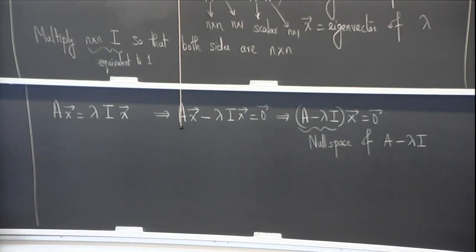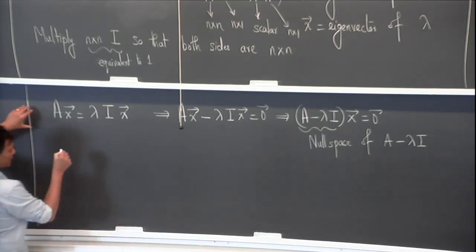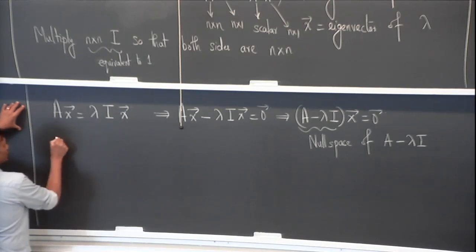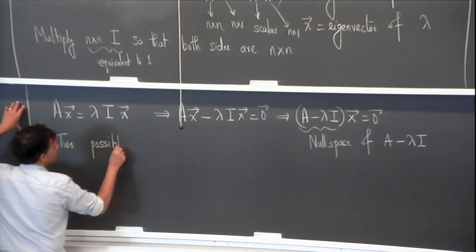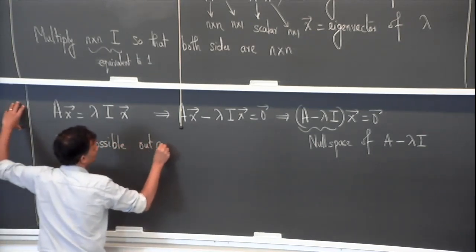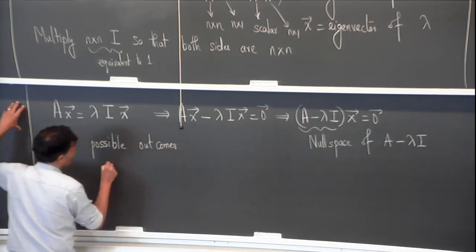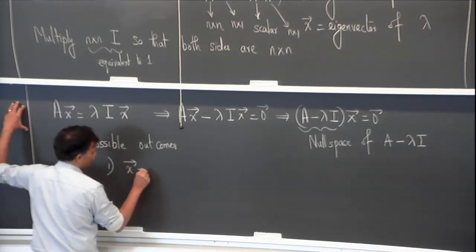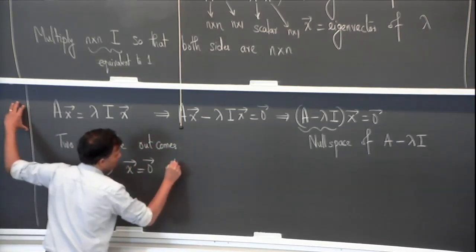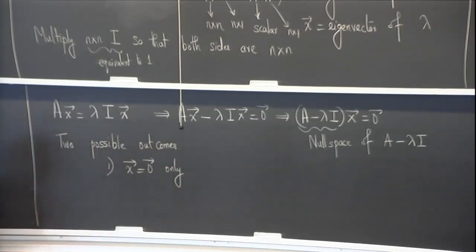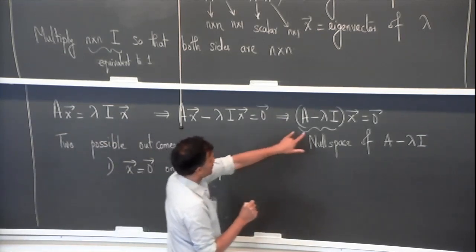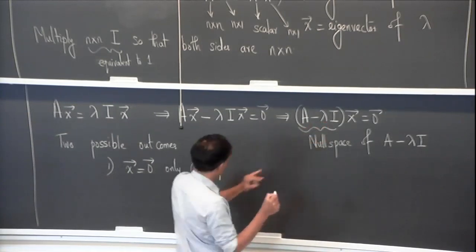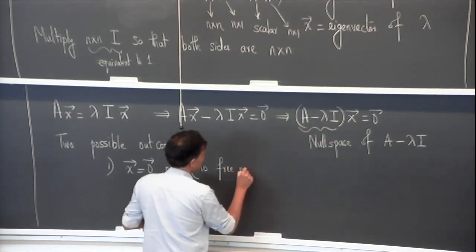Well, all of you know that if you solve the system, there are two possible cases. Okay. So two possible outcomes here. One, there is a unique solution x equal to 0, which means there are no free variables. Okay. That also means that this matrix A minus lambda I is invertible. No free variables.